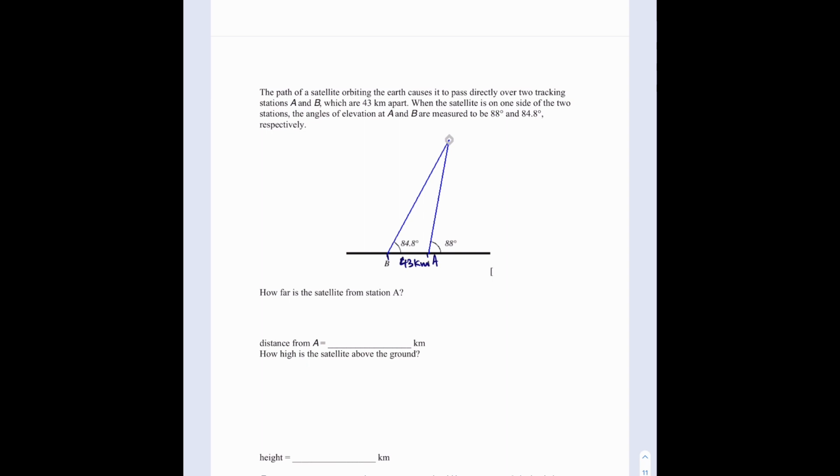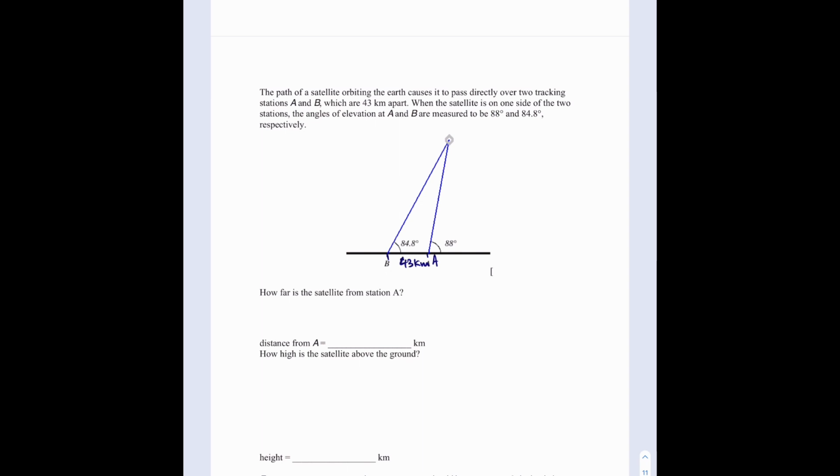on one side of the two stations, the angles of elevation at A and B are measured as 88 and 84.8, which are provided on the graph itself, respectively.